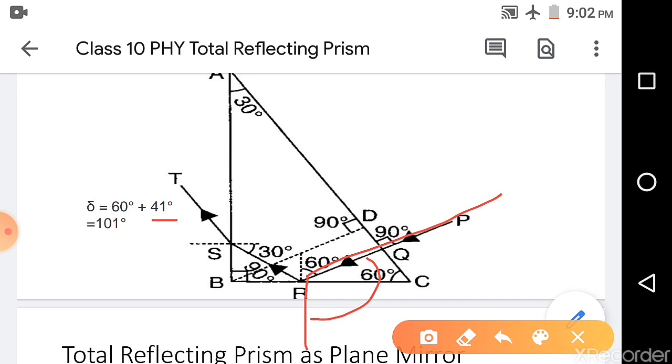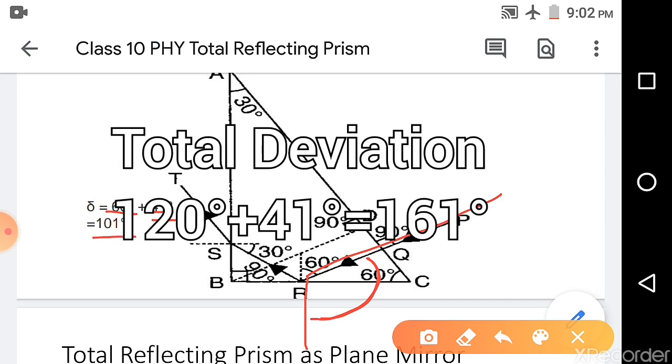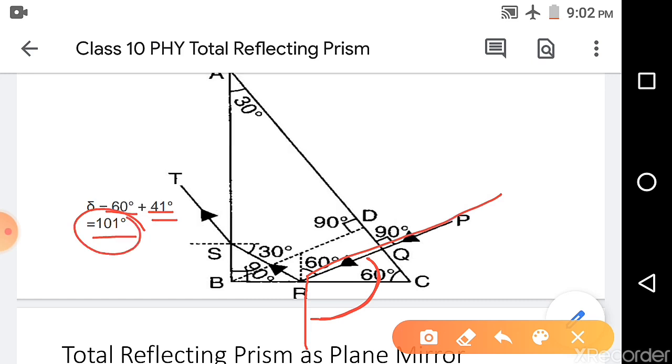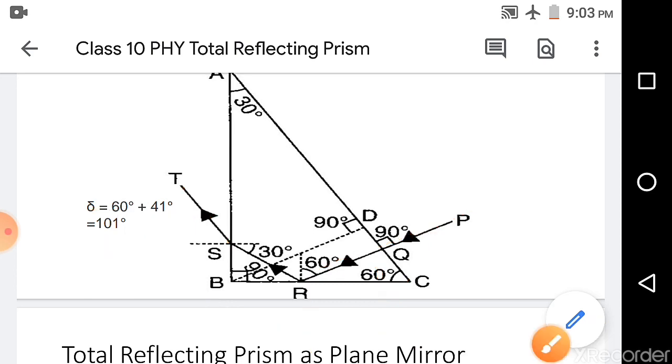This is 120. 120 plus 41, so the total deviation is 161. It is not 101, it is 161, because this part is 120 and from this to this there is 41 degrees of deviation. So the overall deviation is 161. You can use the geometrical idea.